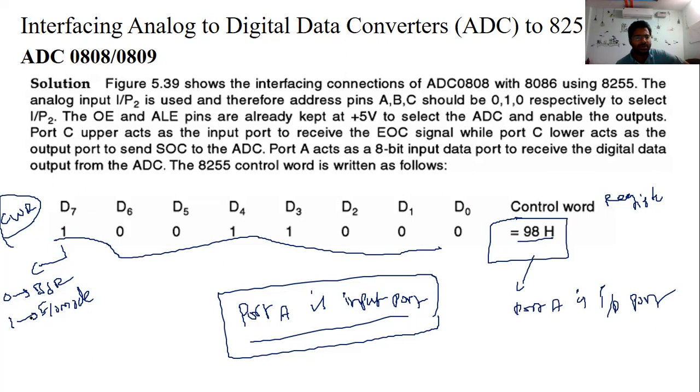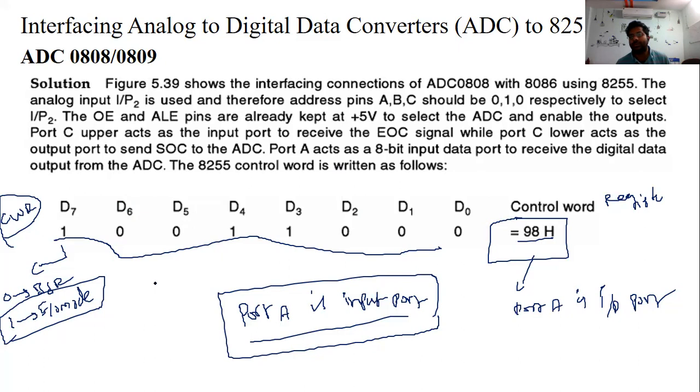So how to get this 98 is very easy. D7 must be 1 because it is input output mode. Then D6 and D5 are the other bits. You have to remember the CWR.